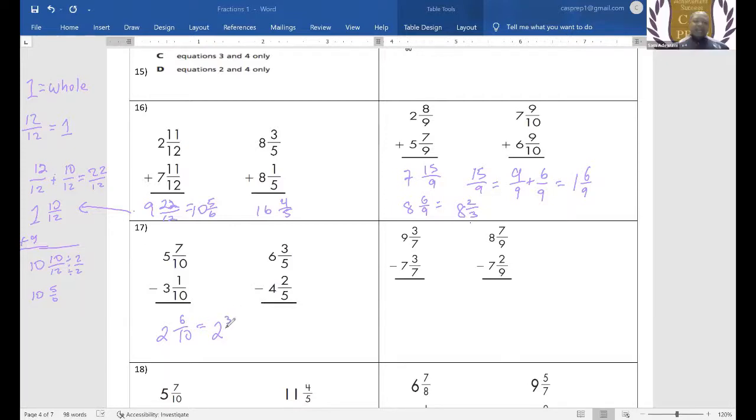So 6 divided by 2 would be 3, and 10 divided by 2 would be 5. So again, we get 2 and 3/5. So again, we're reducing to lowest terms.